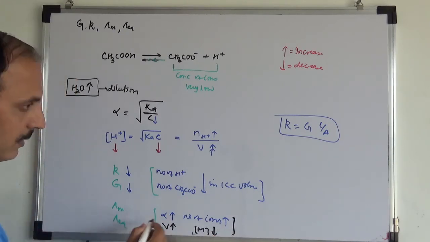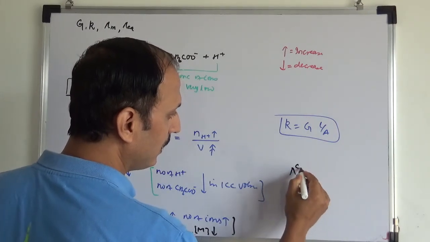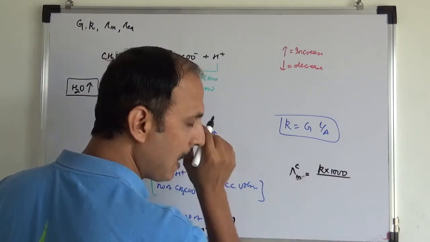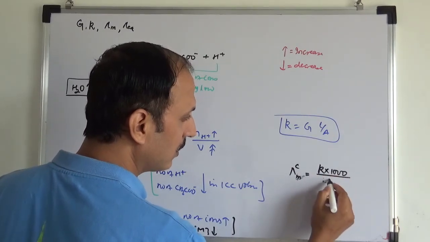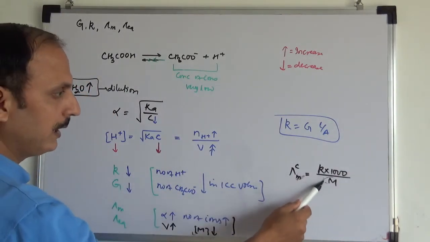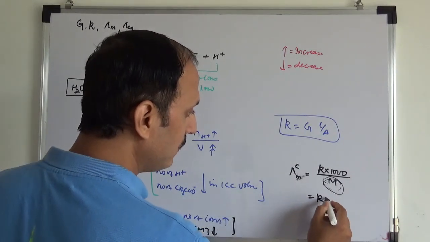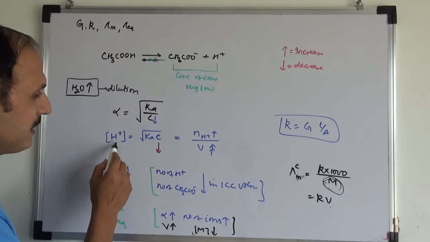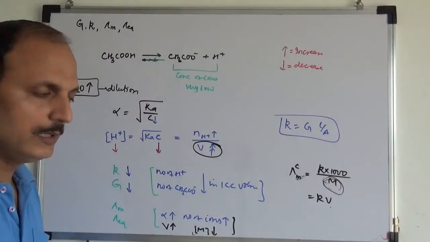Look at the equation: molar conductance at a given concentration is K into 1000 by molarity. This K is decreasing, but molarity is decreasing very rapidly. You can also write this equation as K into V. K is decreasing, but volume is increasing much more, because concentration is decreasing. That is only possible when volume is increasing very fast compared to the number of ions.